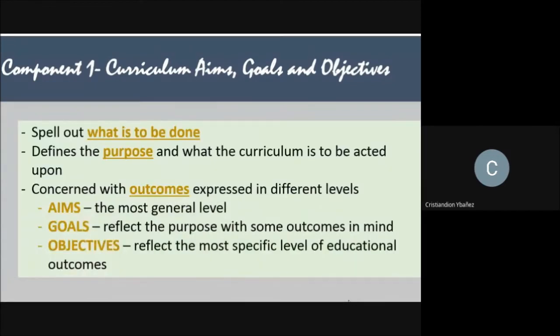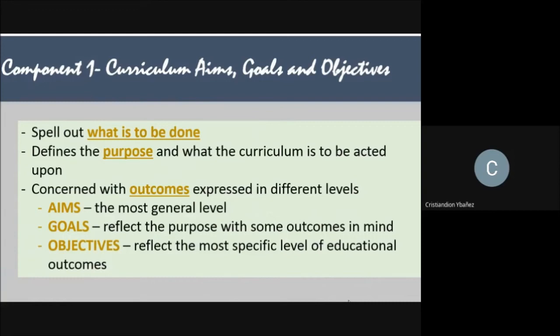So with that, component one, the aims, goals, and objectives of a school, spells out what is to be done. It tries to capture what goals are to be achieved, the vision, the philosophy, the mission statement, and objectives of the school.